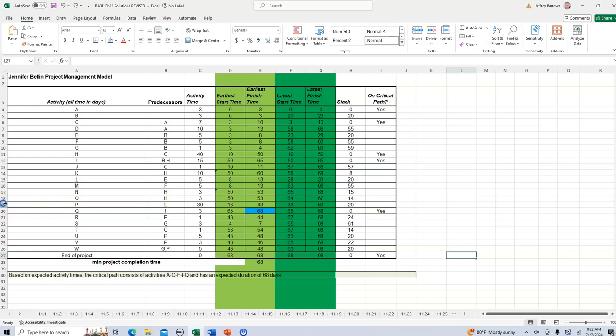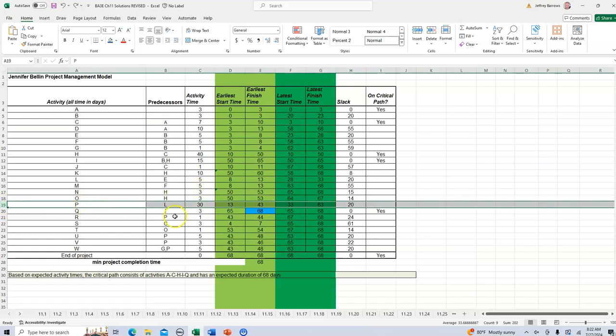Again, where this becomes a little more challenging on the backward pass is understanding that P is a predecessor for 4 activities that follow it. So it must be finished before these others start. So at this point, I think what's important is that you just consider the analytical approach on the backward pass as compared to the analytical approach on the forward pass, and make sure you understand why we distinguish the two.